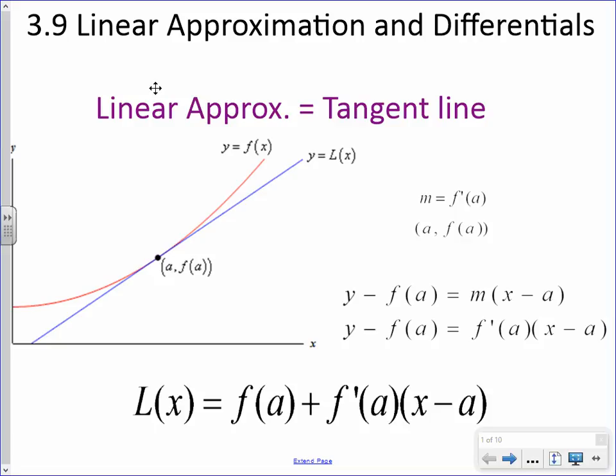I don't know if you really need to write this down because you know how to write the equation of a tangent line. But what we're going to do with linear approximation is take this tangent line equation and use it to approximate a value on the curve. Why would we do something like this?